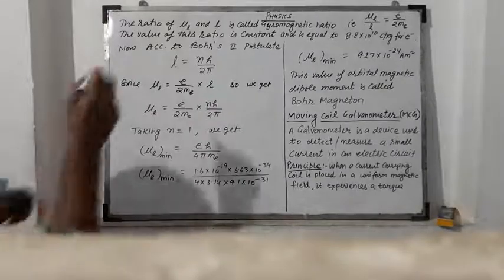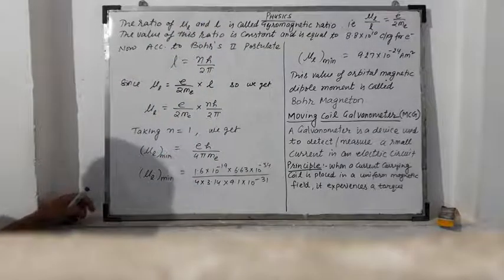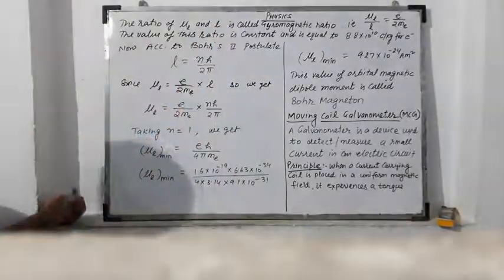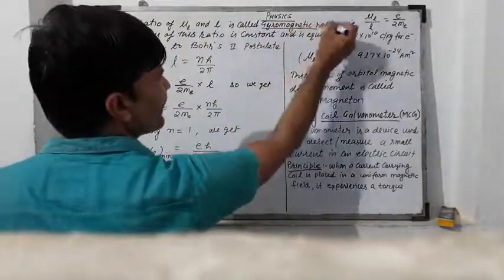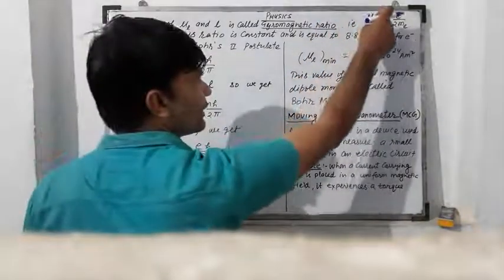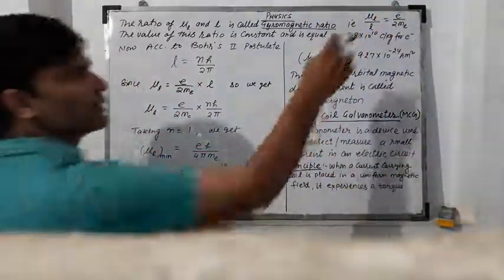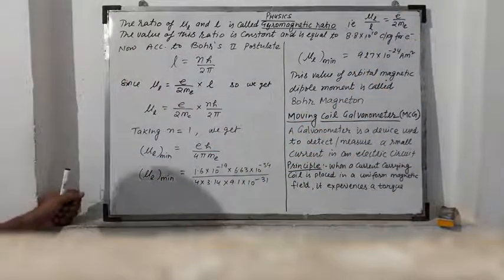The ratio of mu_L, the orbital magnetic moment, and L, the angular momentum, is called the gyromagnetic ratio. That is mu_L upon L is equal to e upon 2m_e.